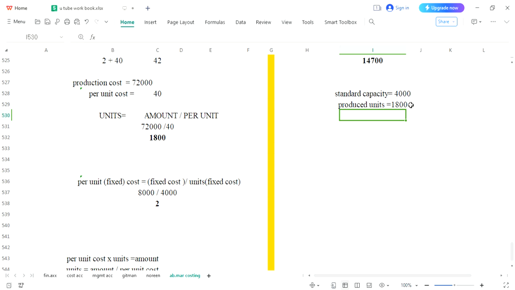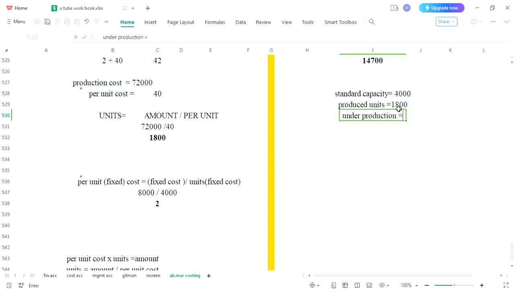You are very clear now, standard was 4,000 and we have produced only 1800 units. So it is under production. How many units are under produced?